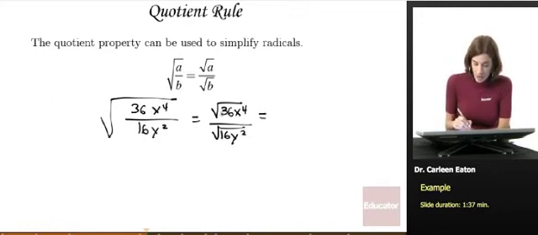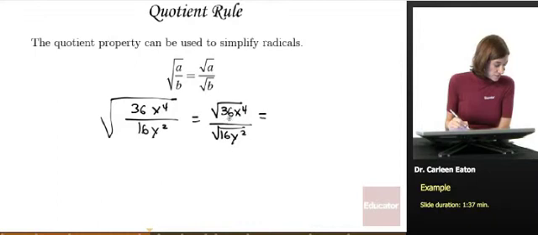Using the product property, I'm going to look and see what I have, and do I have perfect squares? I do, and I actually don't even need to split them off because 36 is a perfect square. So I'm just going to go ahead and pull the square root of 36 out, and that is 6.